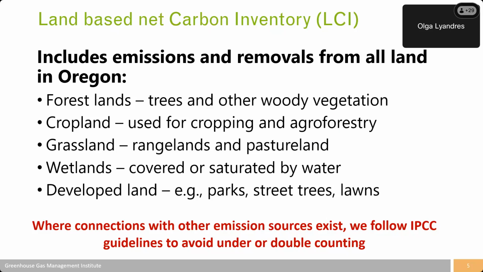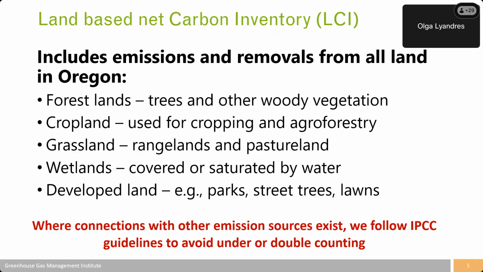These categories are broad, but are distinct in terms of the type of vegetation and the type of soil dynamics and management characteristics that they exhibit, so they are separated that way. And this is consistent with the IPCC guidelines and also consistent with the national inventory. So we have 5 major categories that are listed here.